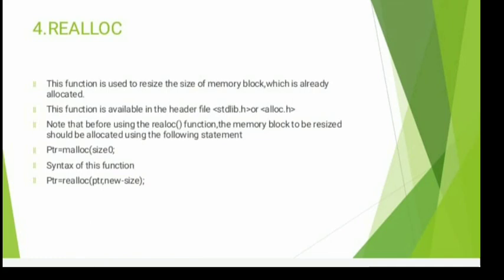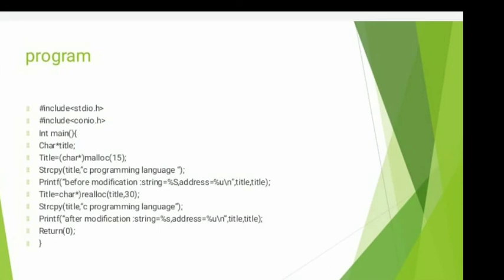Note that before using the realloc function, the memory block to be resized should be allocated using the following statement: pointer = malloc(size). The syntax of this function is pointer = realloc(pointer, new size). Now let us see the program for the realloc function.